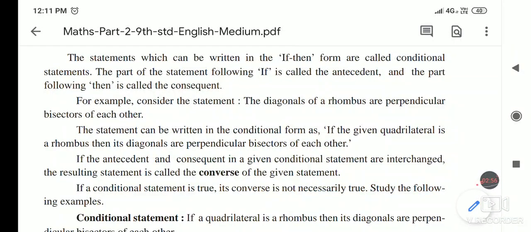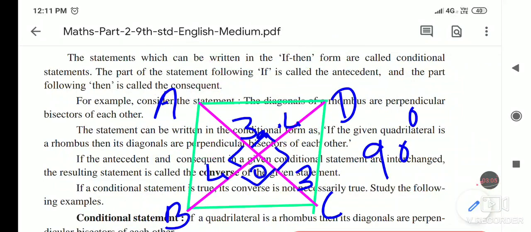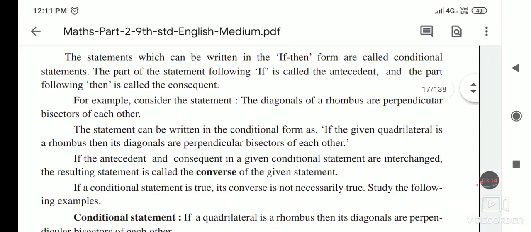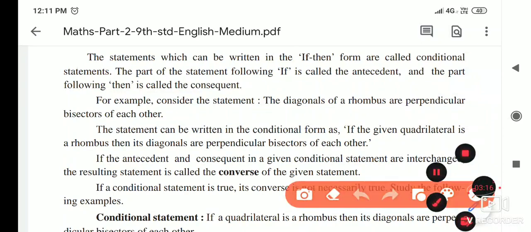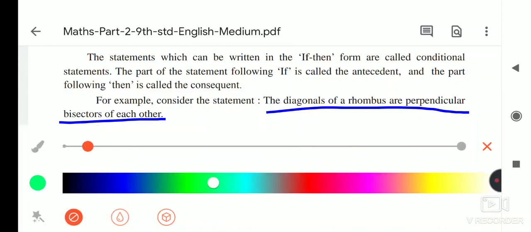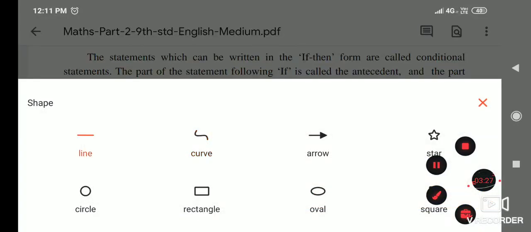Now if you see this figure, you will notice that the diagonals of the rhombus are perpendicular bisectors. The statement is: the diagonals of a rhombus are perpendicular bisectors of each other. Now we convert it into which statement? The conditional statement.